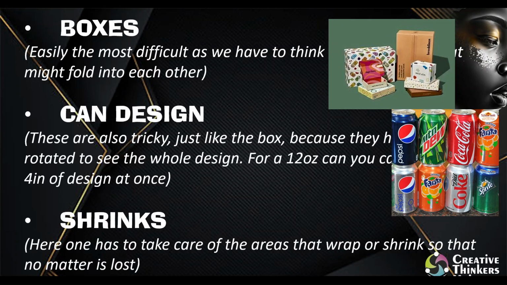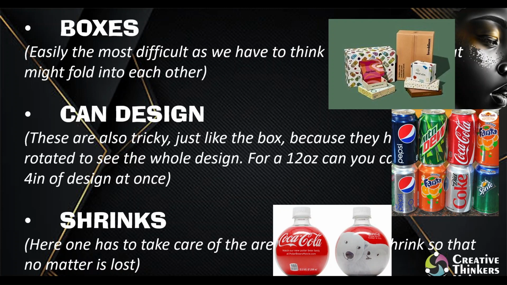So shrinks. One has to take care of the area that wraps or shrinks so that no matter is lost. As you can see, can you see this rounded portion in both these places? So at some point, this is going to be joining. So you need to know that this part is the blow up area, and this part and the lower part is the reduced area.